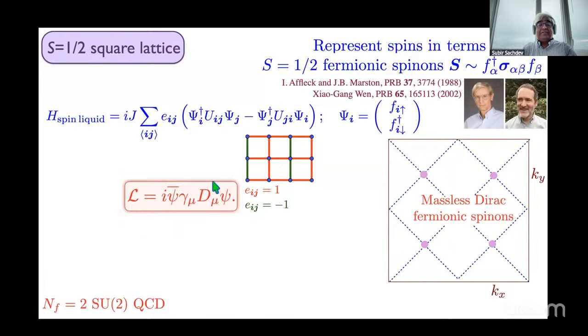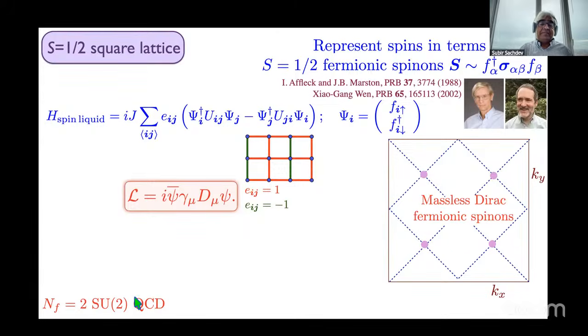So this is the low energy theory, and it's very, very similar to the theory of light quarks. So the theory of light quarks is an SU(3) gauge theory in 3+1 dimensions with 3 flavors of light quarks. And here we just replaced all the 3s by 2s. This is a theory in 2+1 dimensions with 2 flavors of light spinons and an SU(2) gauge field.